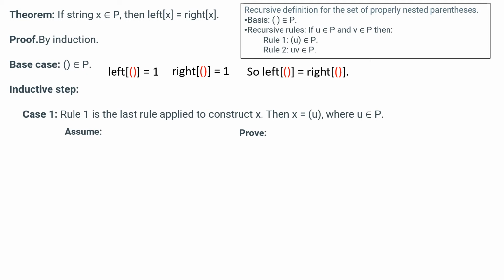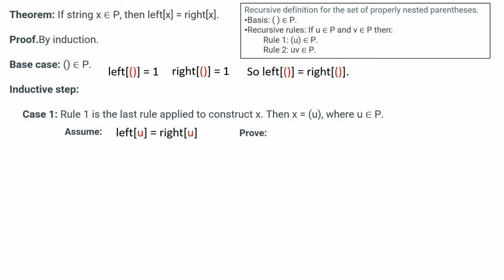In this case, we know that U is in P already, and then we're going to put parentheses around it to construct a new element that we also know is in P. So what are we going to assume? We're going to assume that what we started with, which was the U, is already balanced.